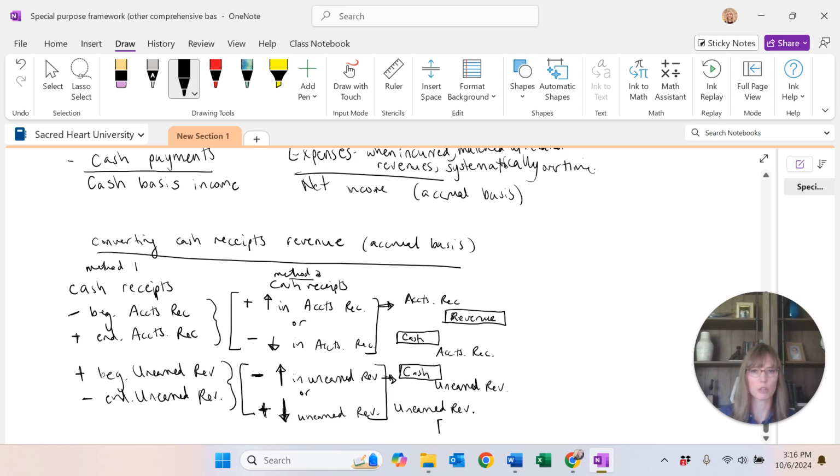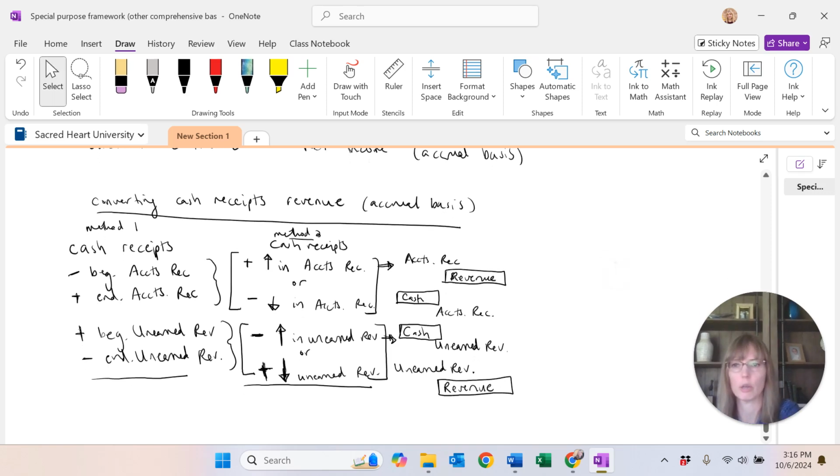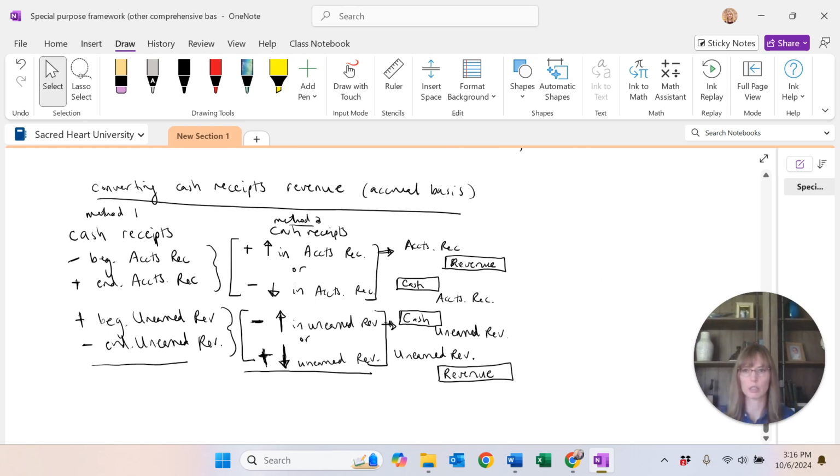It must be because we provided those goods or services that we previously owed. We no longer owe them, we're recognizing some revenue. And if we're recognizing revenue on an accrual basis, it needs to be added because it was not included in your cash receipts. Okay, so either way, we're going to come down to our revenue on an accrual basis.